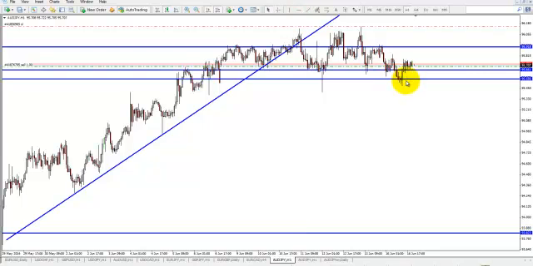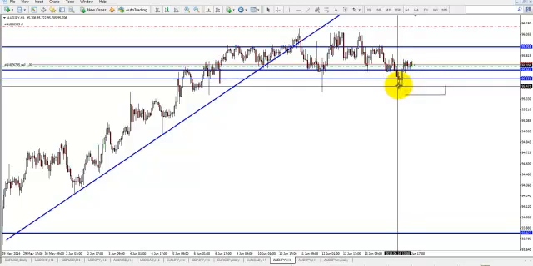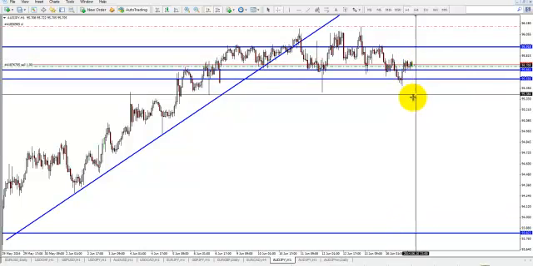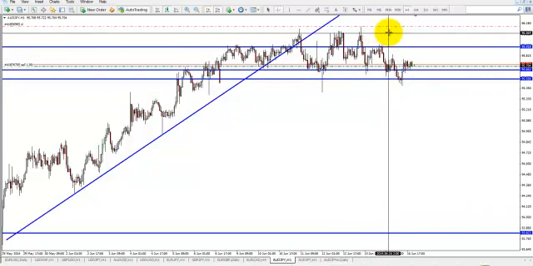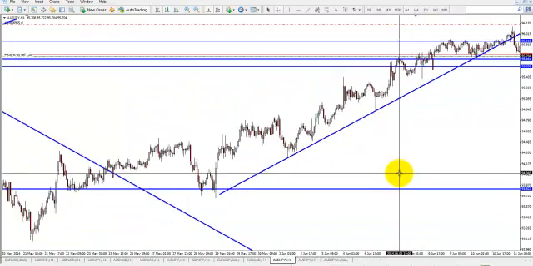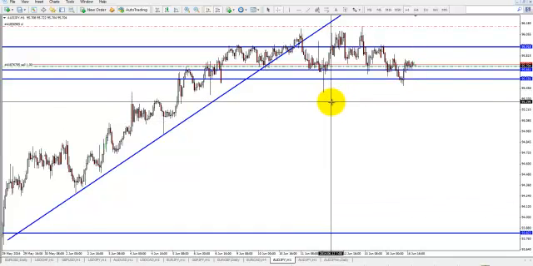If you want to be more conservative, then look for the break of this low right here that we've established recently. Break the low, then we may see our stop loss in this general area here at the top. This thing is a long-term sell opportunity, so we want to see some commitment.